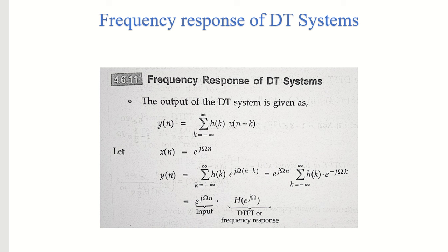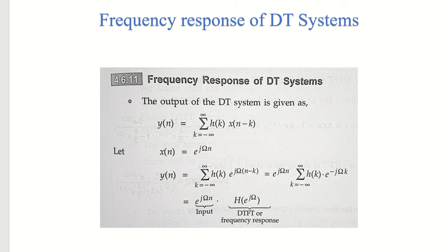Then you will take the summation of k equals minus infinity to infinity h of k into e raised to minus j omega k. So that was the frequency response of my discrete time system.